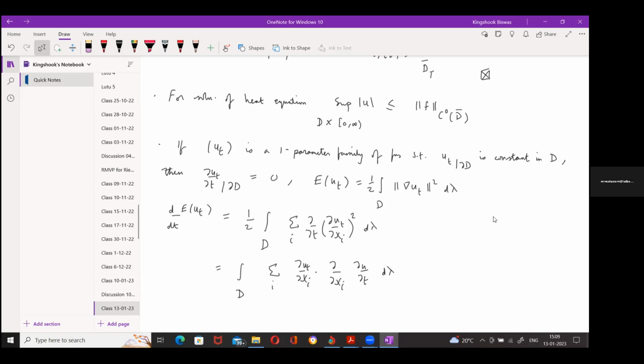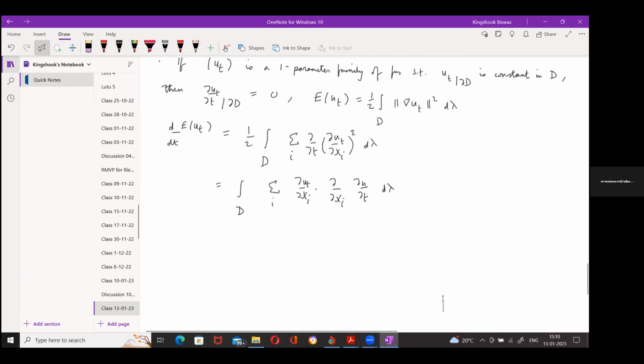So then this becomes the integral of the inner product between grad u_t and grad of del u_t del t. Okay. And now del u_t del t is a function which vanishes on the boundary.